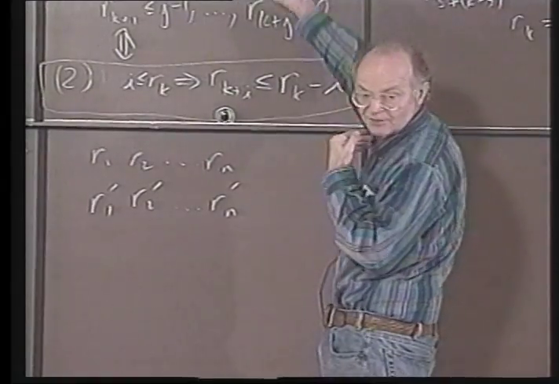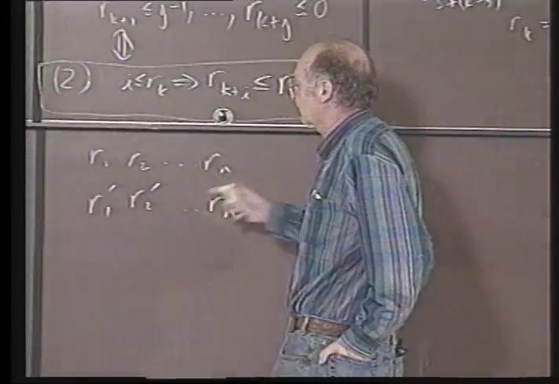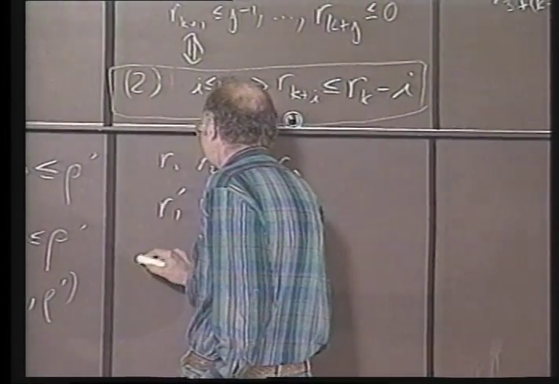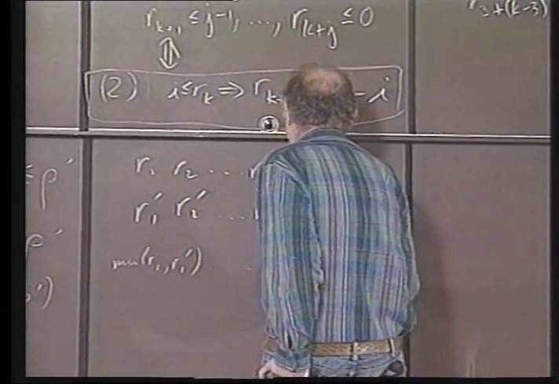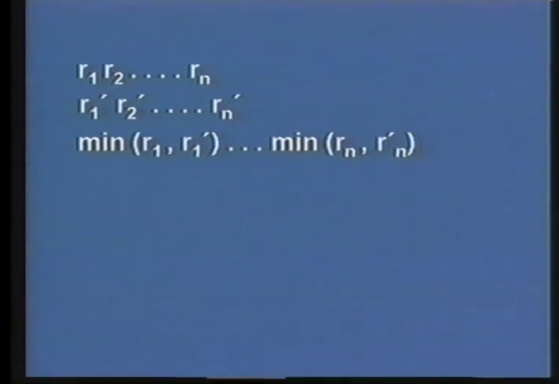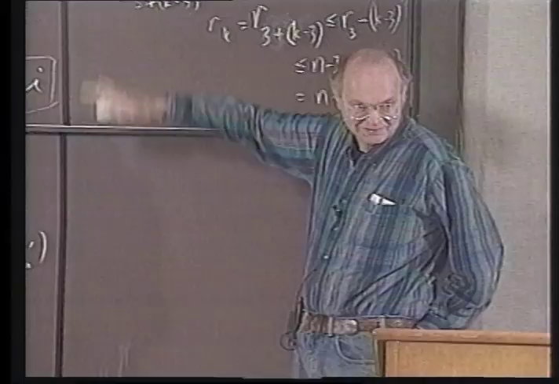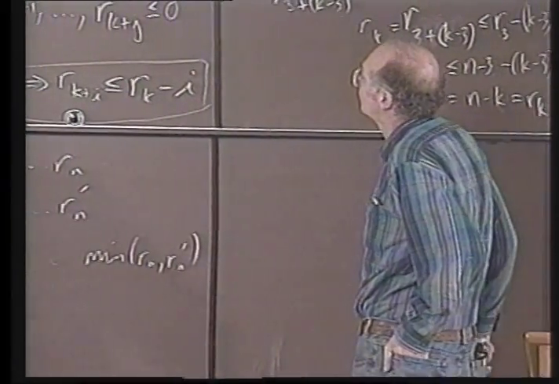R prime satisfies conditions 1 and 2. Now I just want to show that the minimum of R1 and R1 prime up to the minimum of Rn and Rn prime, that this sequence also satisfies conditions 1 and 2. If I can show that it satisfies conditions 1 and 2, then it represents a binary tree. Okay? So, well, that's obvious.